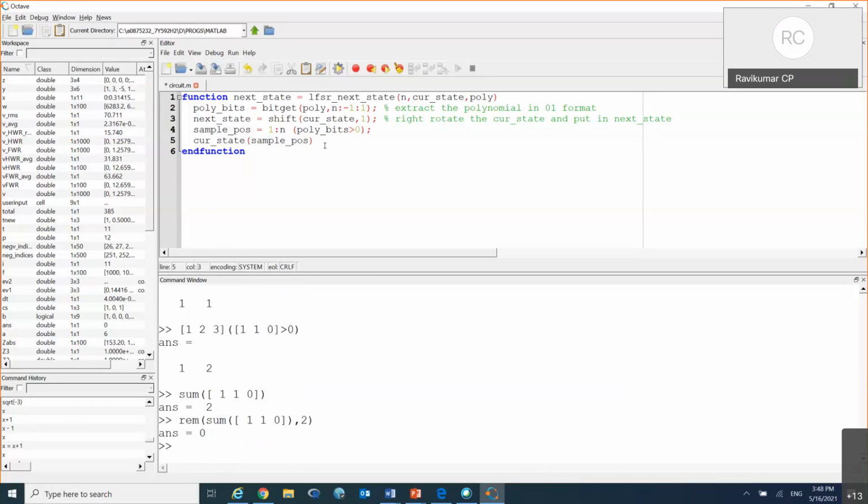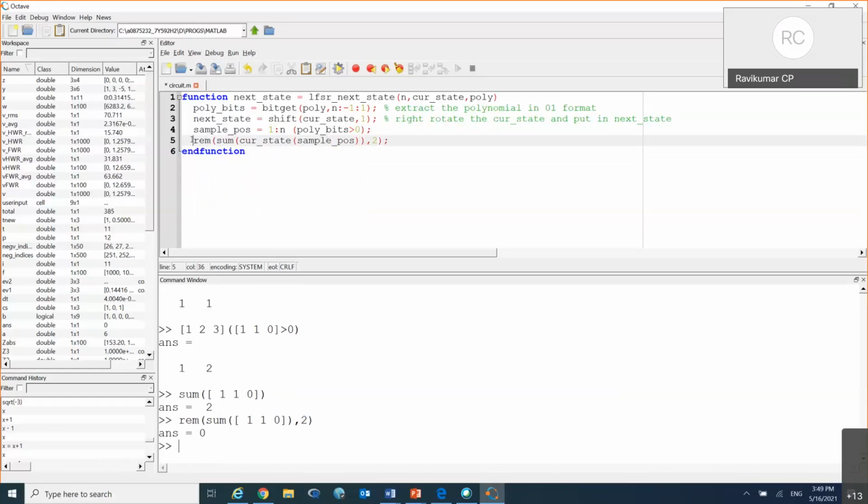So I can say the next bit, I can take the sum of these, okay, and then I can take the remainder of these when I divide by 2, right?